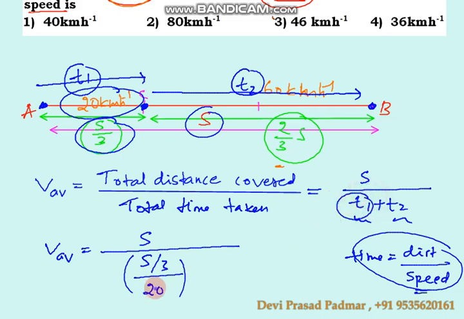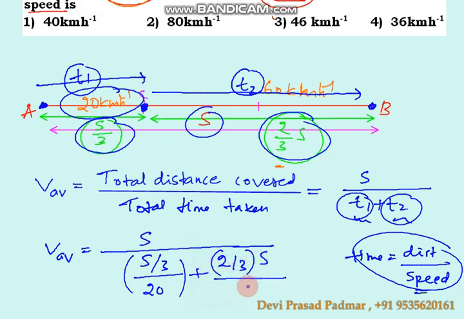Similarly, we can write T2. The distance from C to B is 2 by 3 of S, divided by the speed with which the car moves from C to B, that is 60 kilometer per hour.